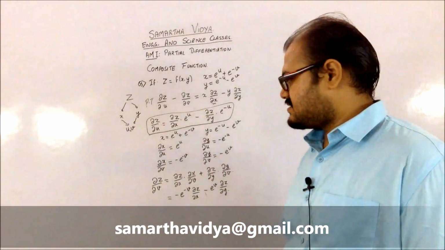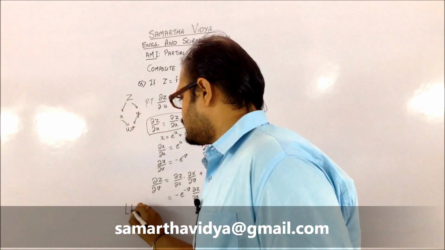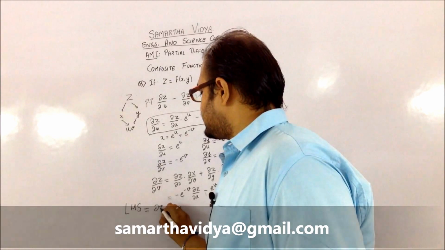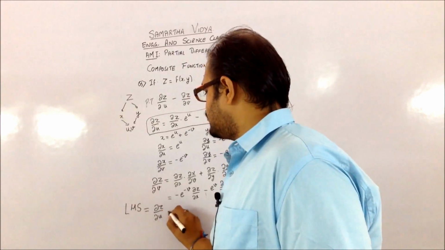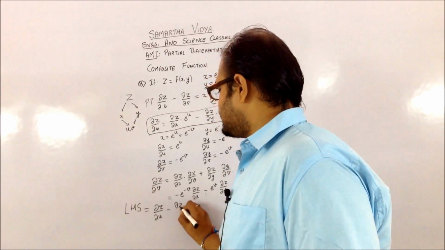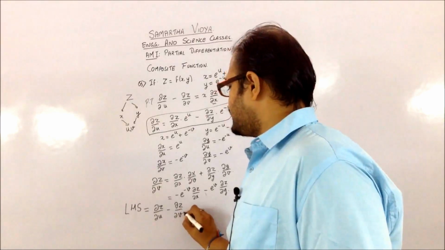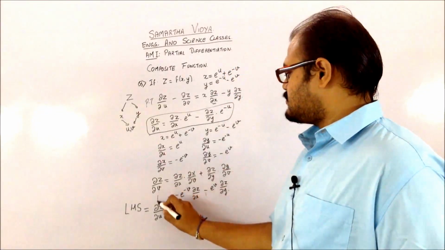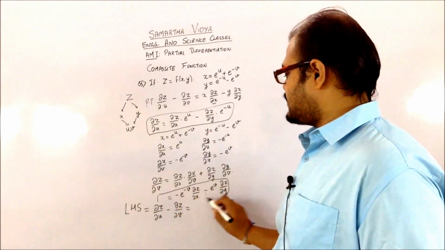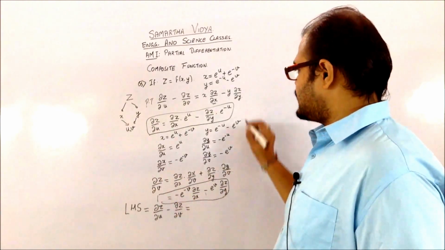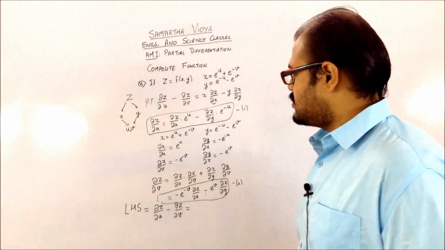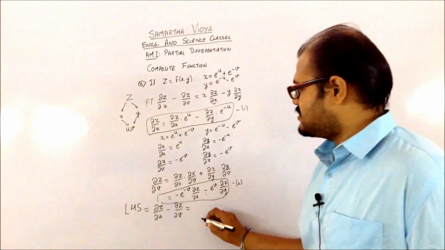So LHS is going to be equal to del z by del u minus del z by del v. That is just the subtraction of this particular equation and the other equation, that is subtraction of 1 and 2.